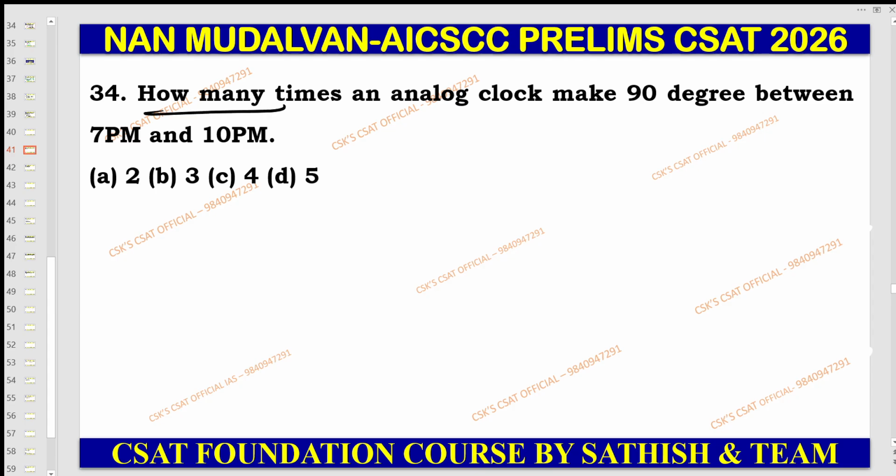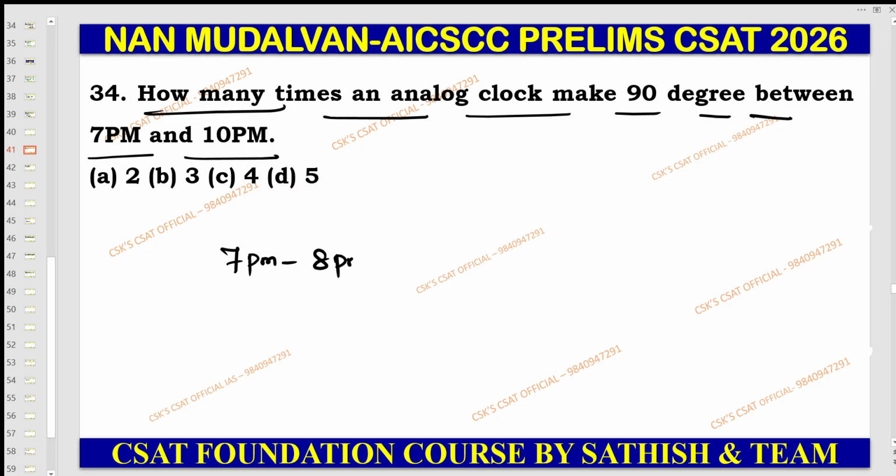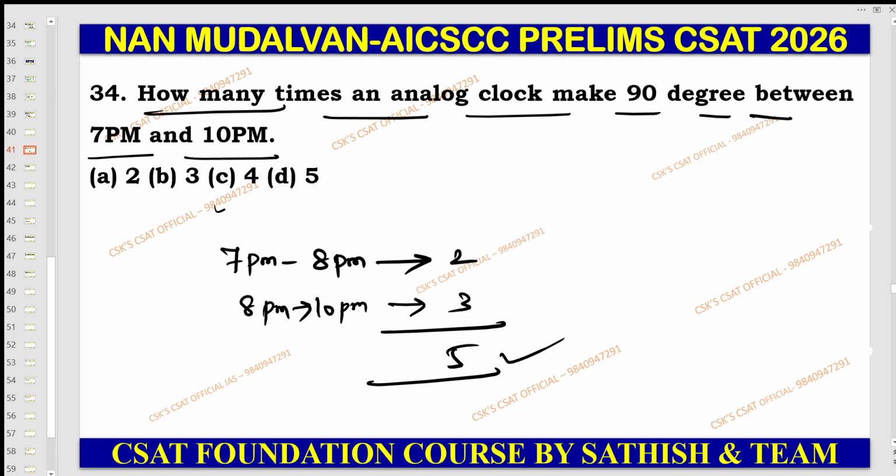34. How many times does the analog clock make a 90-degree angle between 7 p.m. and 10 p.m.? You guys know that; a brief explanation and notes are also provided. 7 p.m. to 8 p.m. is 2 times, 8 p.m. to 10 p.m. is 3 times, 5 in total. Understood everyone?